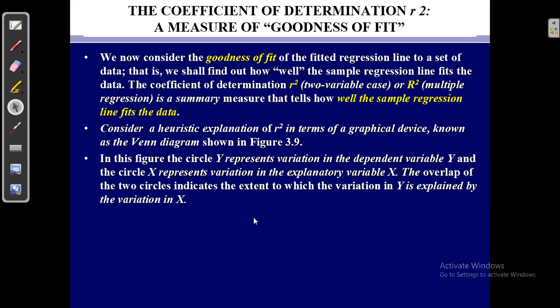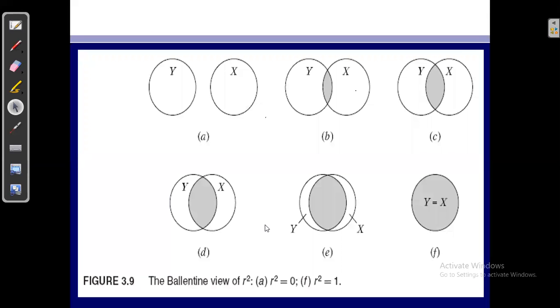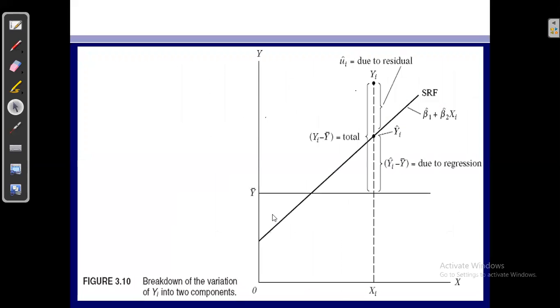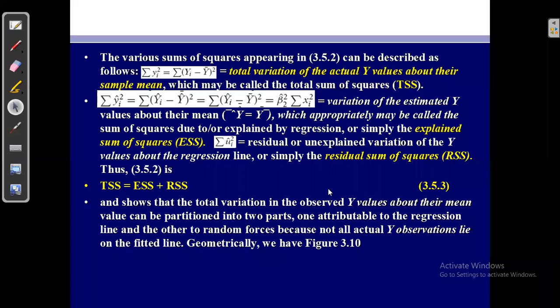In other words, how much the X is able to tell you about Y. And later on, how much the X1, X2, and so on that you have included in your model are able to tell you about Y. Right? So the formula for R square is something like this.